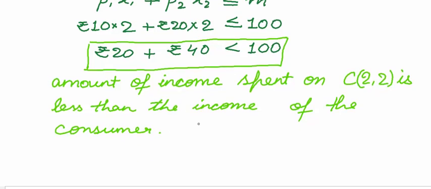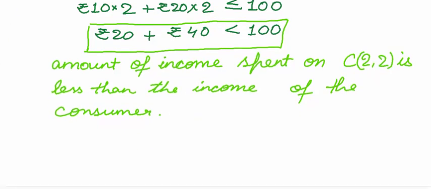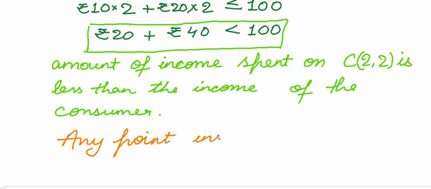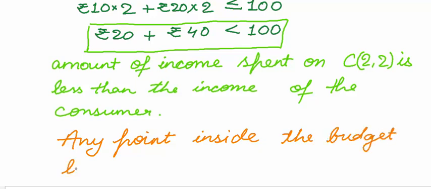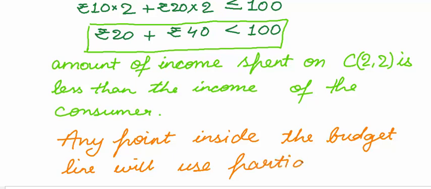This shows that any point lying inside the budget line will use partial income of the consumer.